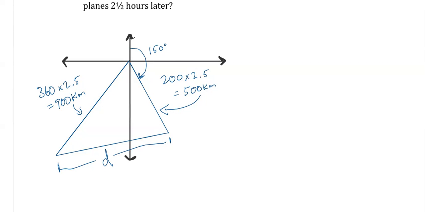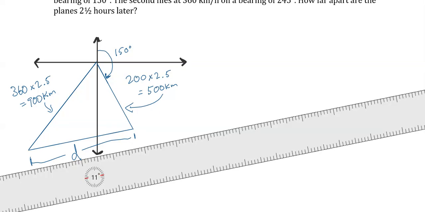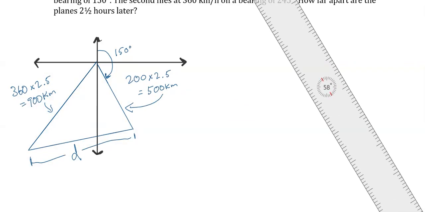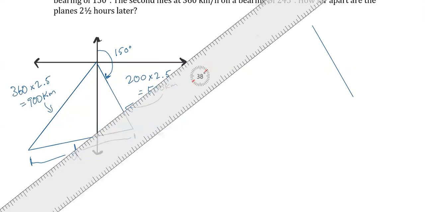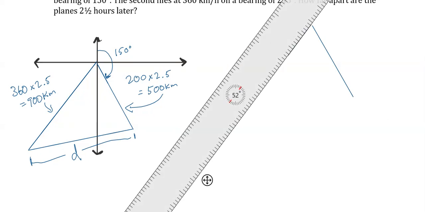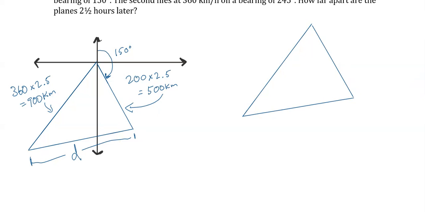And you wouldn't have to do this, but maybe you want to redraw and relabel. Try to draw it more or less the same. So this is D. This is 900 kilometers.